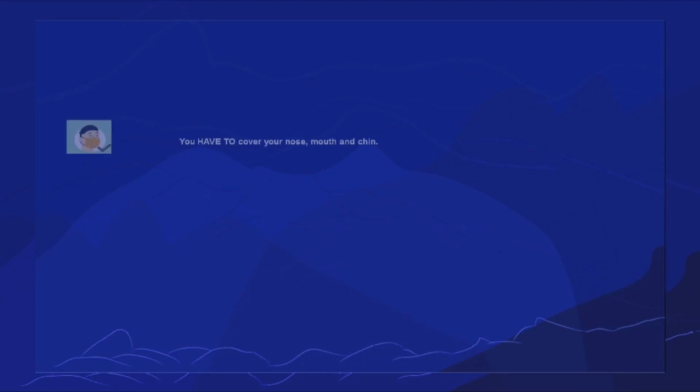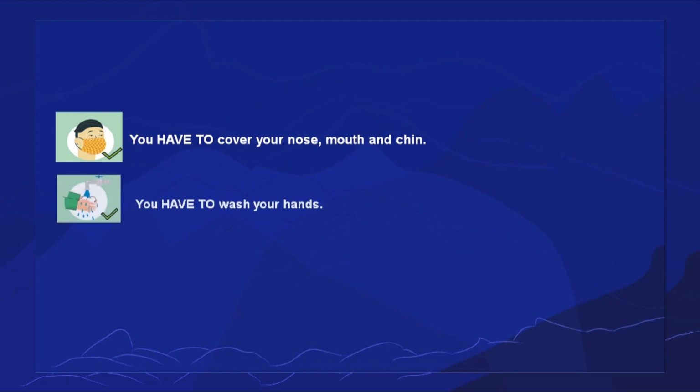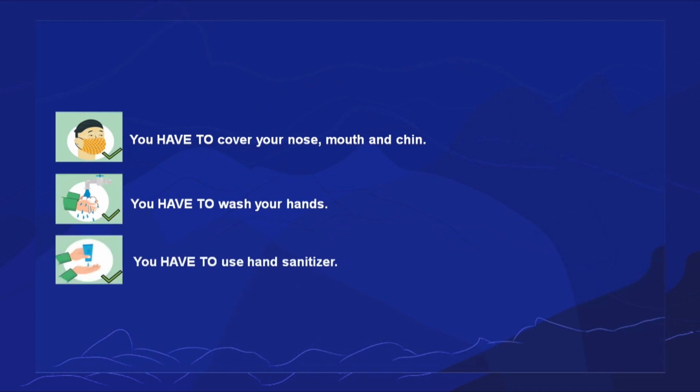Look. You have to cover your nose, mouth, and chin. You have to wash your hands. You have to use hand sanitizer.